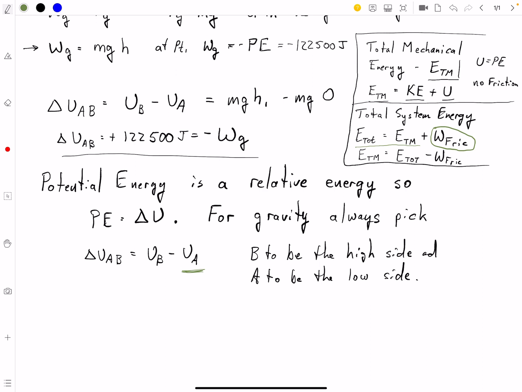So you've got some B and you're doing it relative to A. For gravity, you want to always pick B to be the high side, okay? When you're doing potential energy, if it can get lower, then it has potential energy, so you want that to be positive. So this is kind of a big deal. However, what if you're in a hole, which can happen?